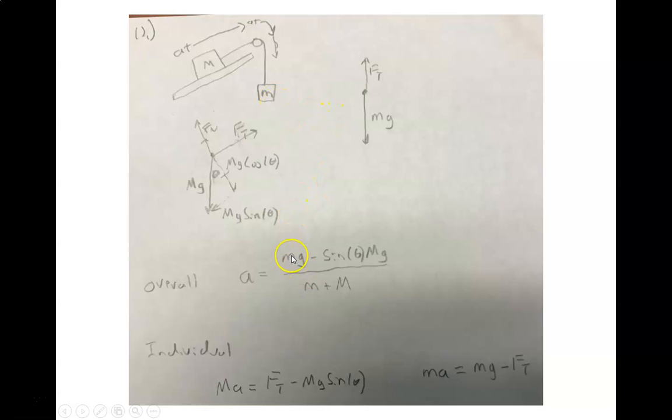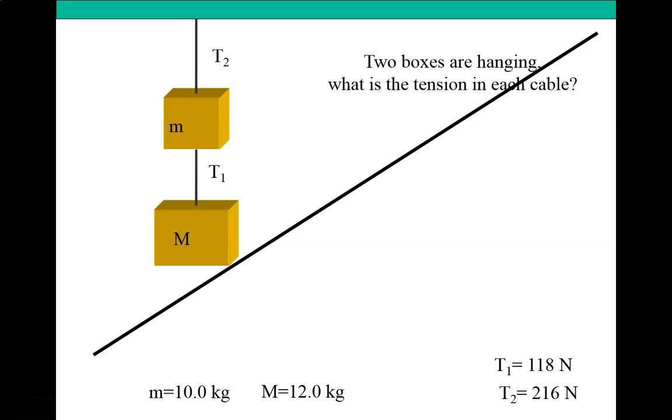So the net force of our overall system is mg, ignoring ft and the components that cancel out, minus sine of theta mg, over the total mass, little m plus big M. If you wanted to write individual equations, these are what those equations would be, but we don't need to do that.